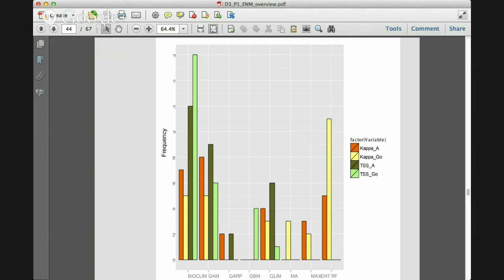But if we look at these data a different way, like for a given species and a different environmental scenario, which algorithm was best, here we can see the frequency with which an algorithm was best, with the 1, 2, 3, 4, 5, 6, 7, 8 algorithms arrayed across the x-axis of this graph.